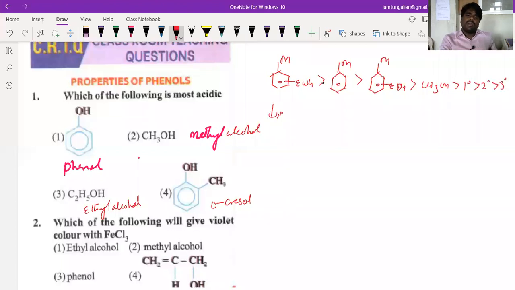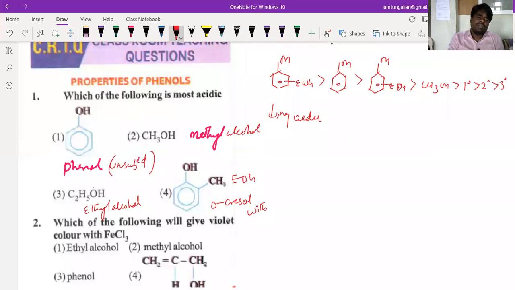This is the decreasing order. So this is unsubstituted phenol, and this is phenol with an electron donating group. Obviously these two are less acidic than phenol, and you have to compare between 1 and 4. This is unsubstituted, not having any electron donating group, but this one has an electron donating group.